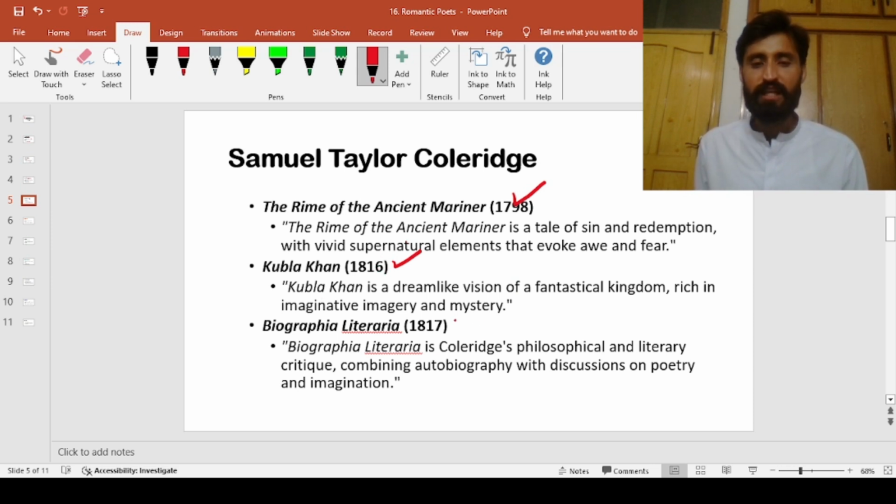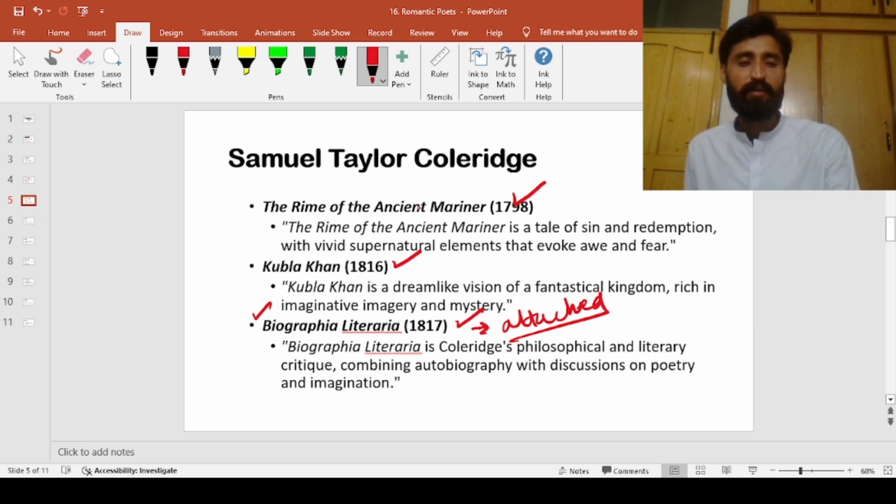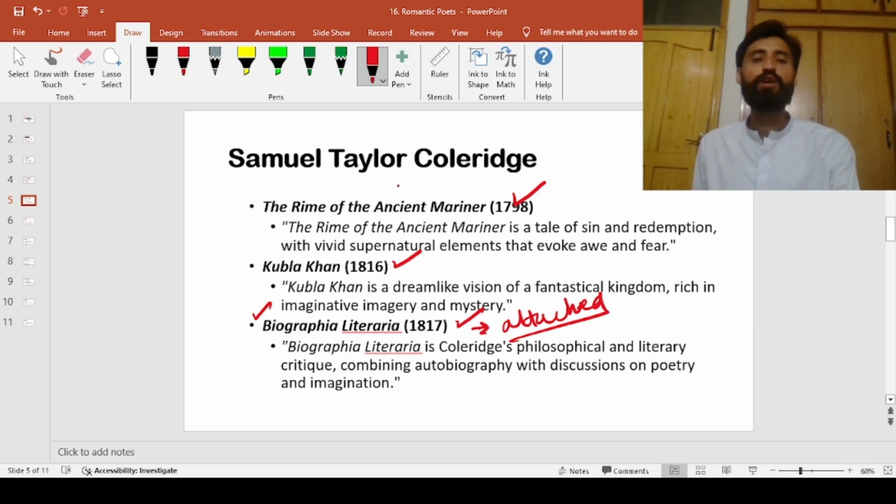And Biographia Literaria. So he wrote Lyrical Ballads with William Wordsworth together, but here in Biographia Literaria he also attacked William Wordsworth and his ideas as well. Coleridge's philosophical and literary critique, combining autobiography and discussion on poetry and imagination. So that was about Samuel Taylor Coleridge.